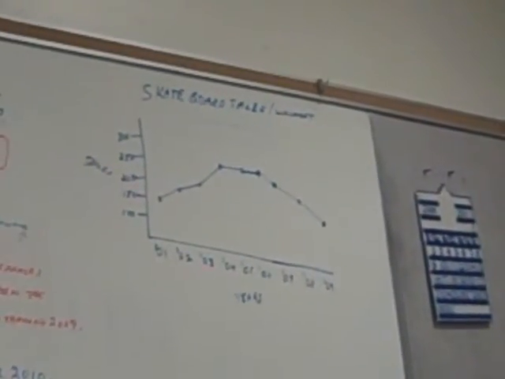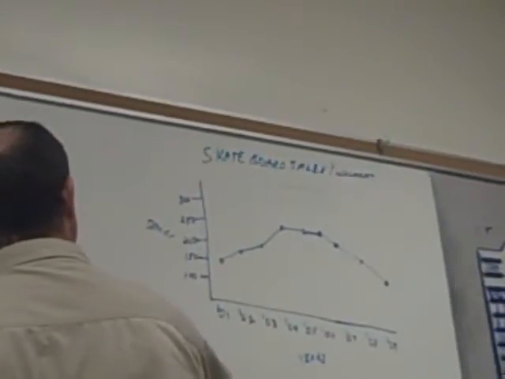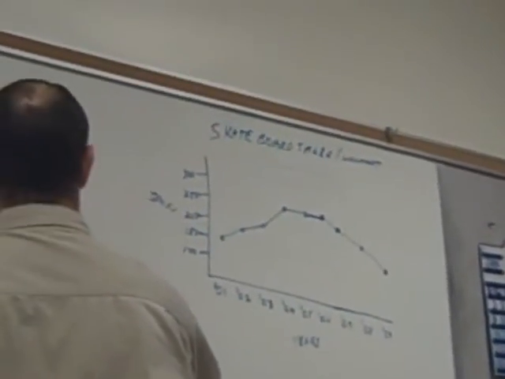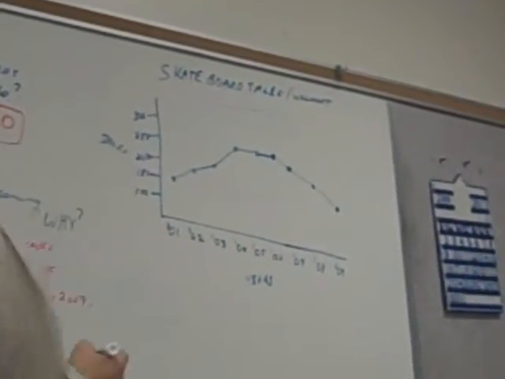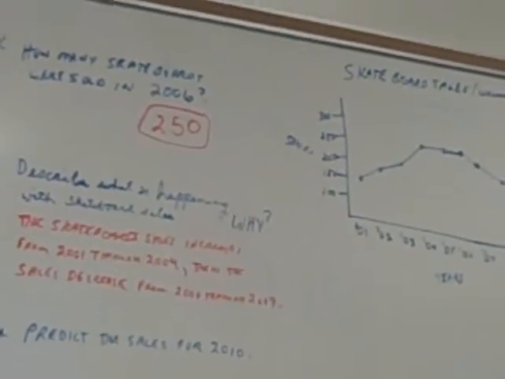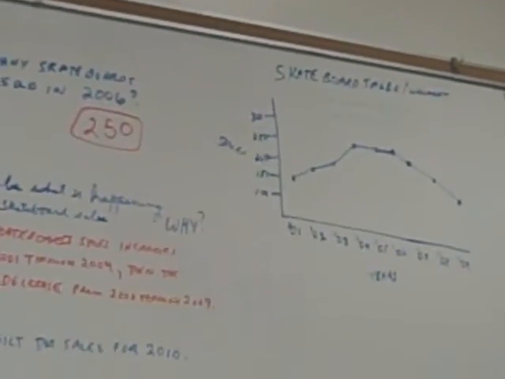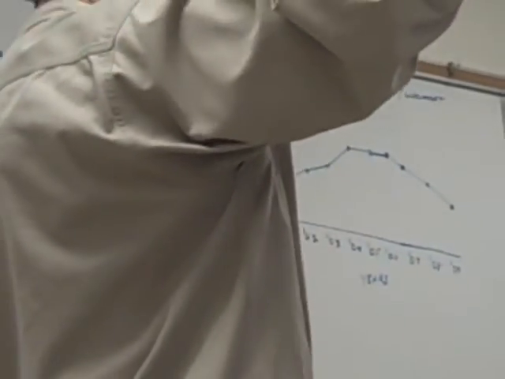Now, what if they then put this question at the end? Why? Maybe people didn't like skateboards at the time. These are the things. Maybe the economy was.